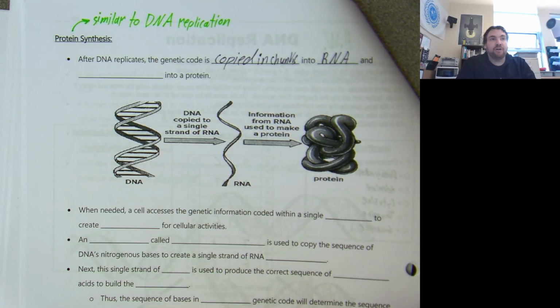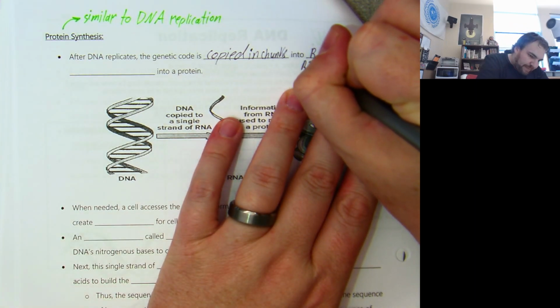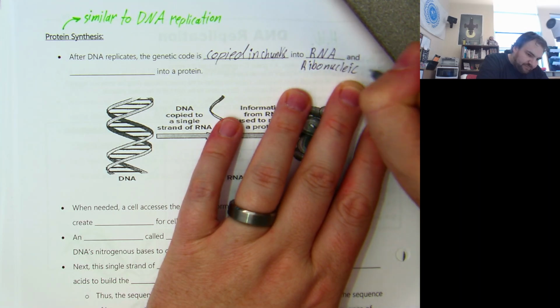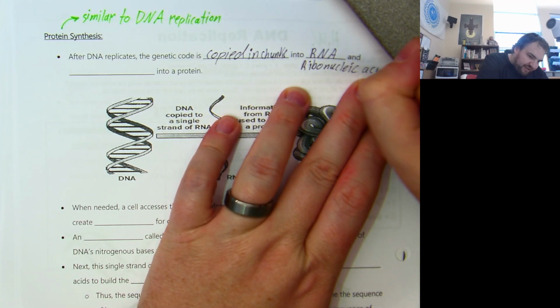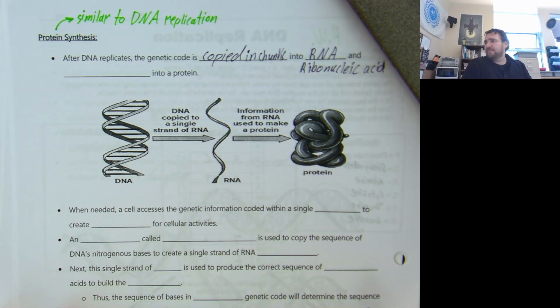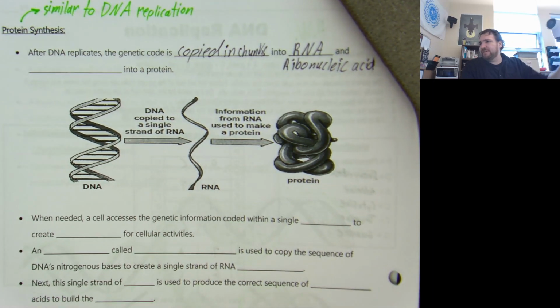DNA stands for deoxyribonucleic acid. RNA stands for ribonucleic acid. I'll just put it underneath here. Ribonucleic acid. Zoom in here a little bit, make your life a little bit easier.